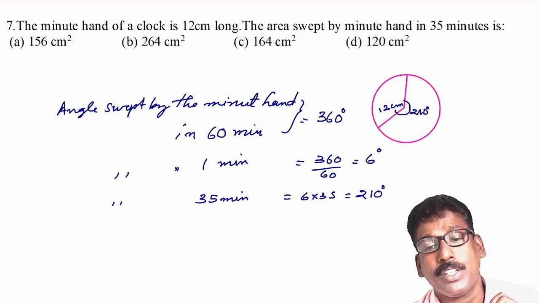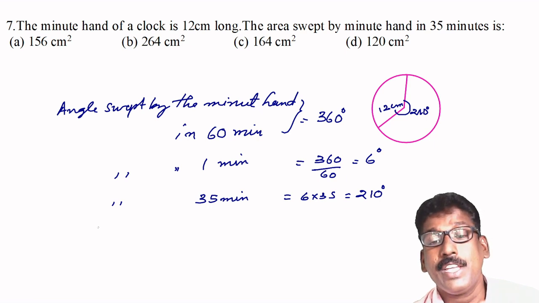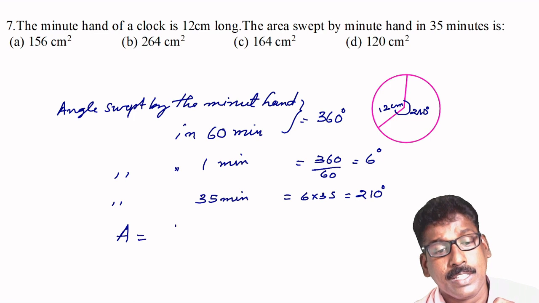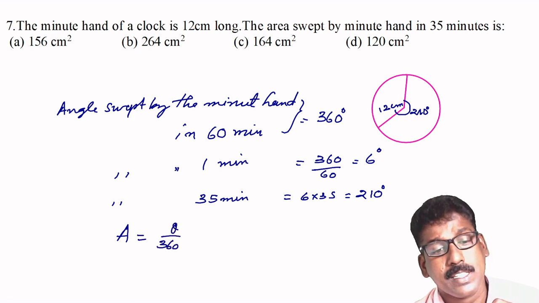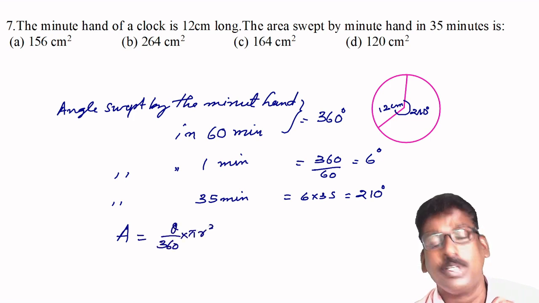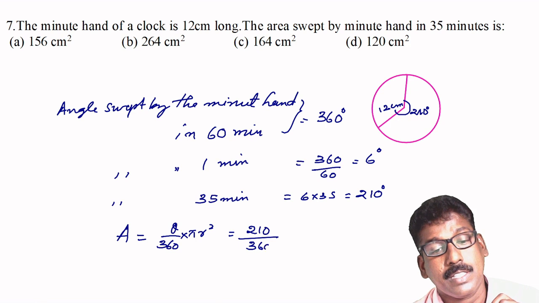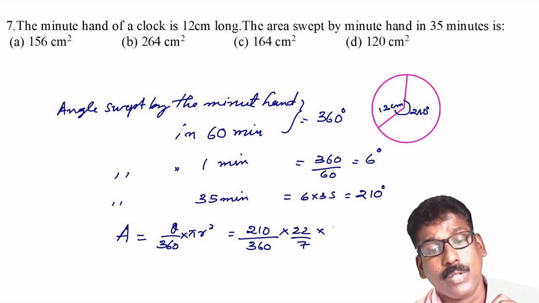Now you can find out the area of the sector. So area you can write theta by 360 into pi r square. Here theta is 210 divided by 360 into pi, you can take it as 22 by 7 into r square, you can take it as 12 into 12.